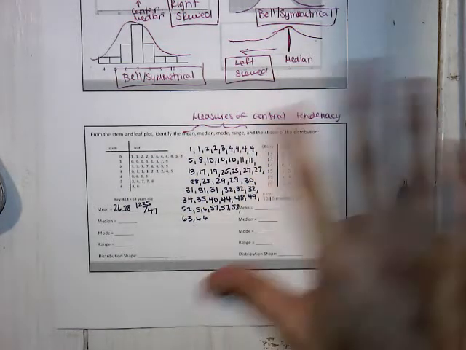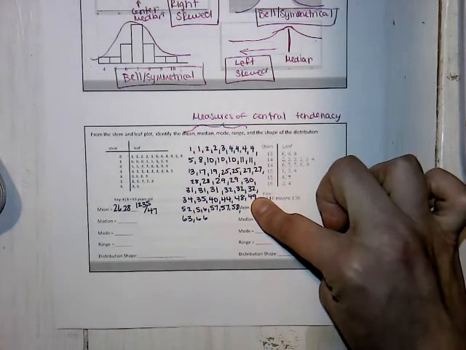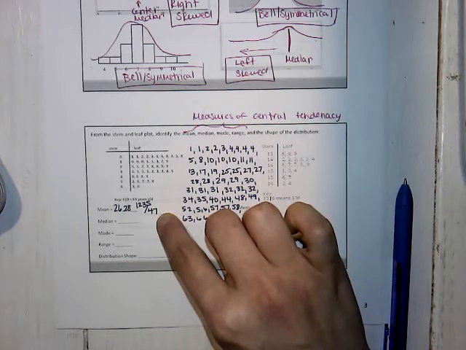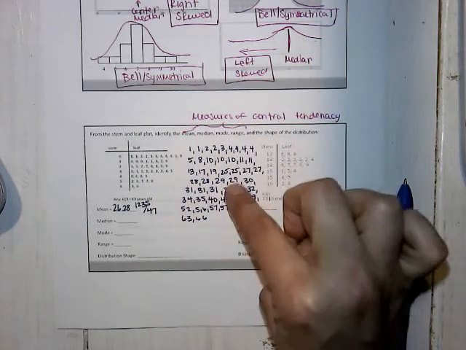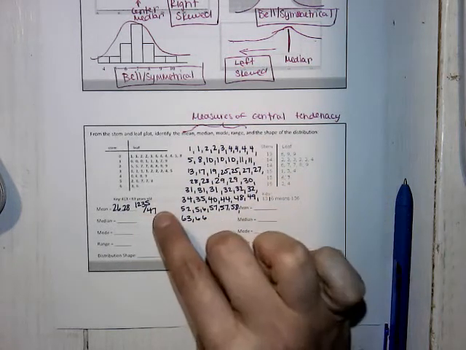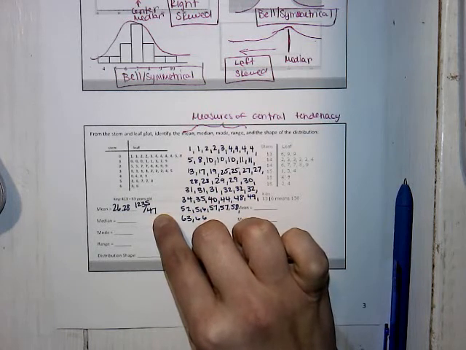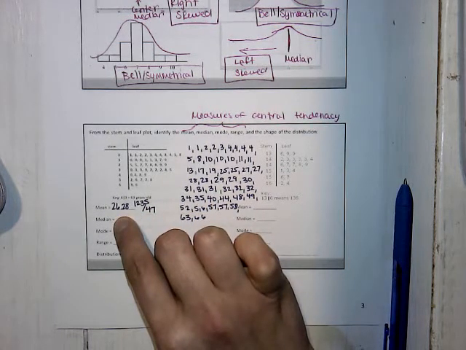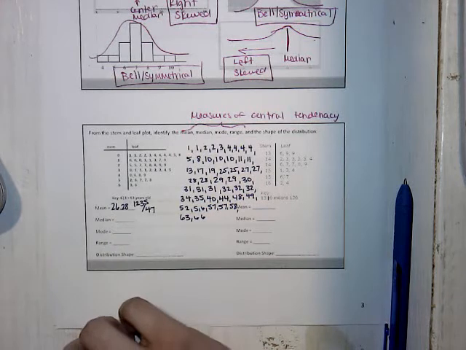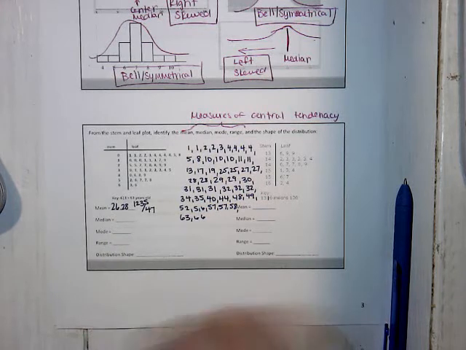So we had already listed all of our information from least to greatest. We had just decided there was 47 pieces of data. We added them all together and we got 1,235 divided by all of them, which is 47. So that's 26.28 total. The median is the middle of our data.